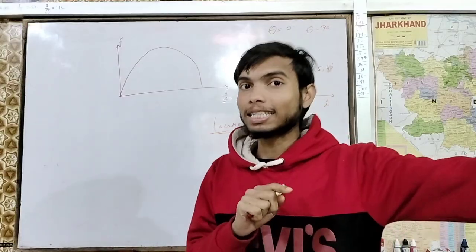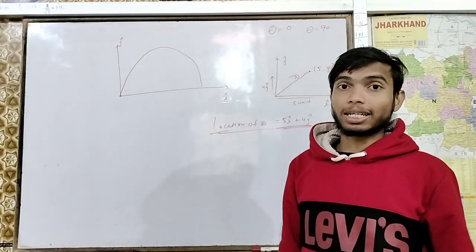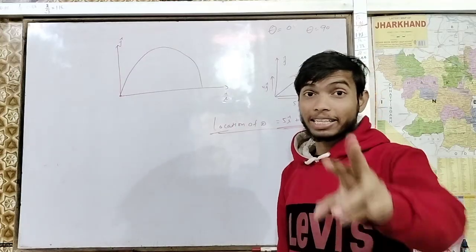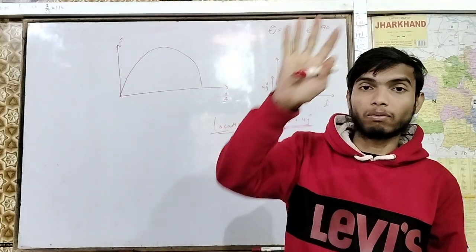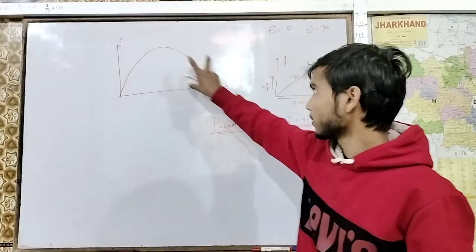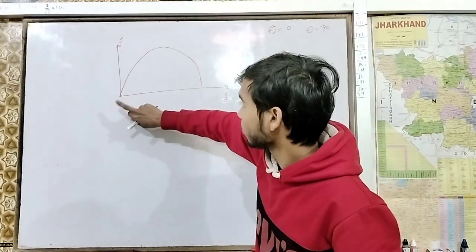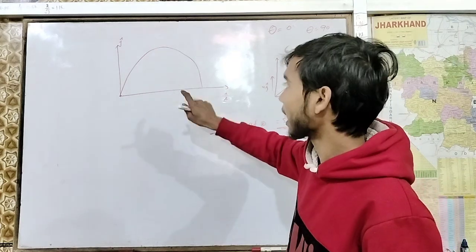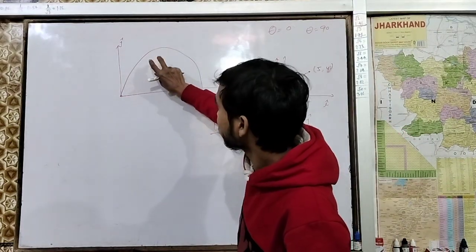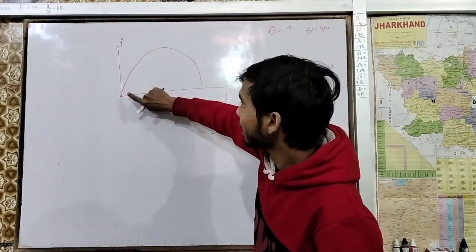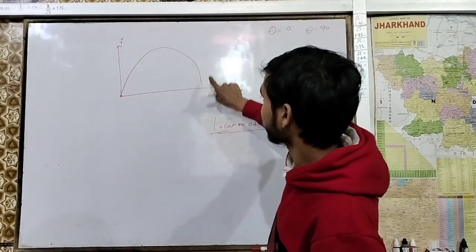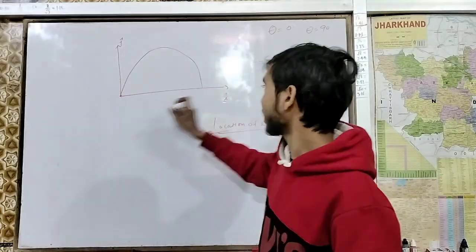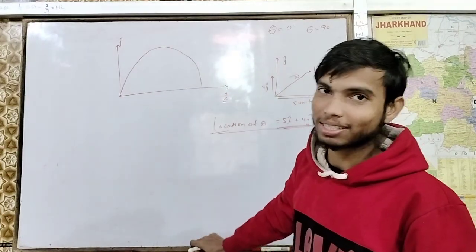It is not a straight line. This is a curved line of motion of a stone, which I gave you to throw. The object started its motion from here, and it stopped over here.